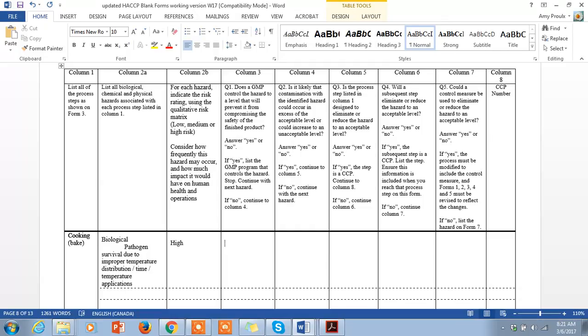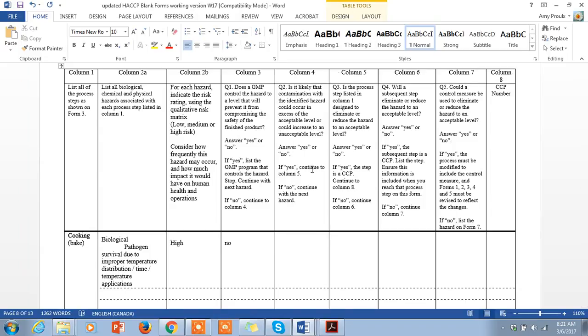And it's one where consistently we note in the industry, this is how this type of pathogen is controlled. Does a GMP control this hazard? I can brainstorm all I want, and I could argue yes, but in this case I'm going to say no, because I want to show you the power of the decision-making tree.